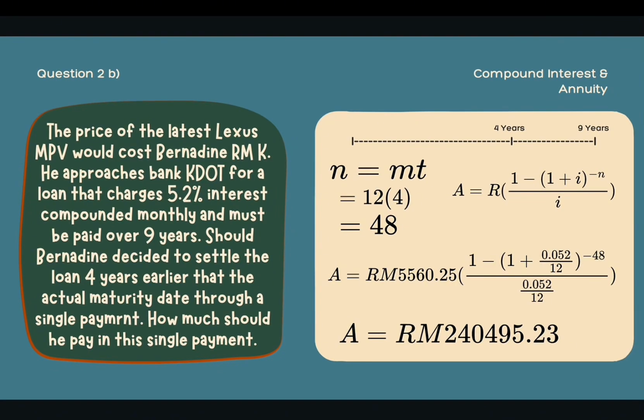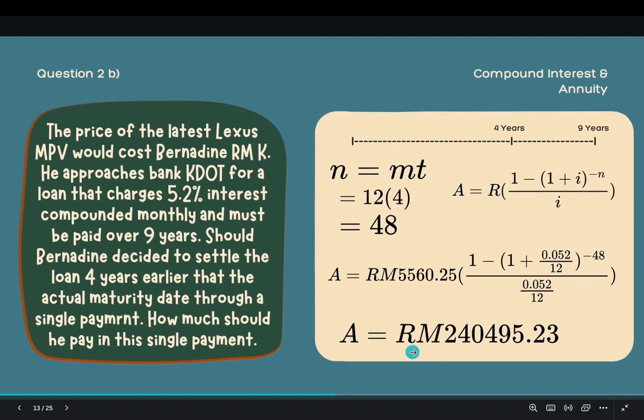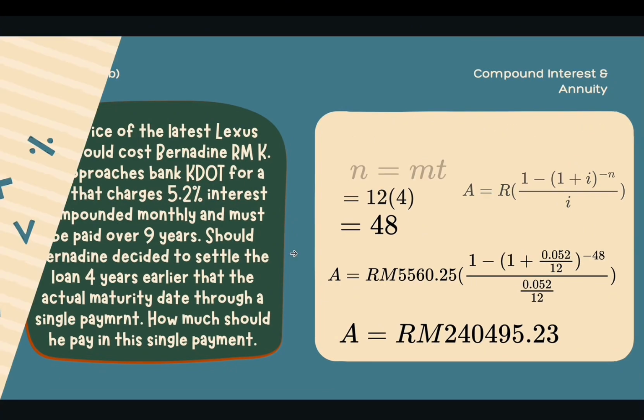So we replace our time with 4 years. 12 multiplied by 4 is 48, so we replace n with 48. This is our equation, and after we calculate it, we get RM240,495.23. So this is our single payment. That's all from us.